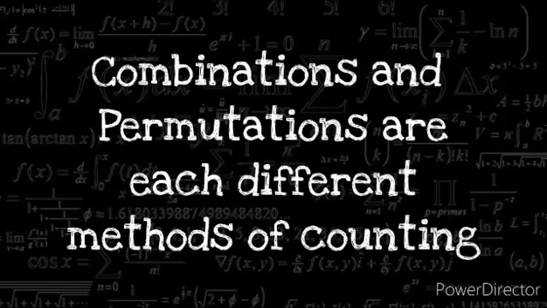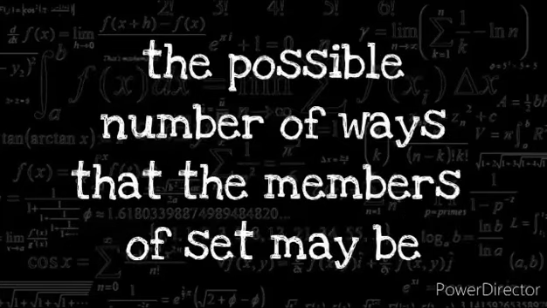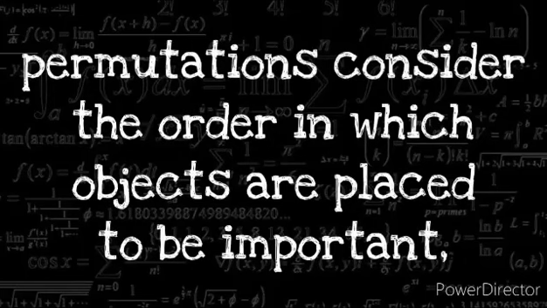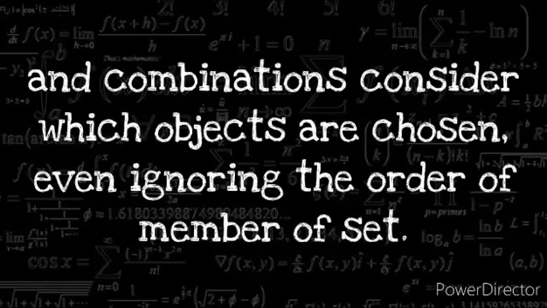Combinations and permutations are each different methods of counting the possible number of ways that the members of a set may be selected or arranged, given the difference between the two. Permutations include the order in which objects are placed to be important. Combinations consider which objects are chosen, even ignoring the order of members of the set.